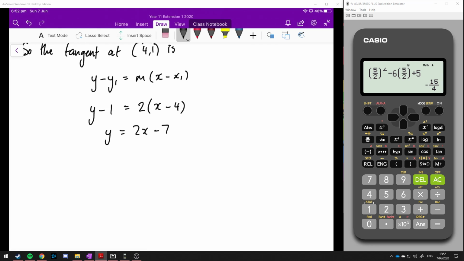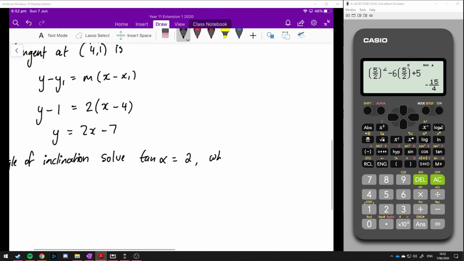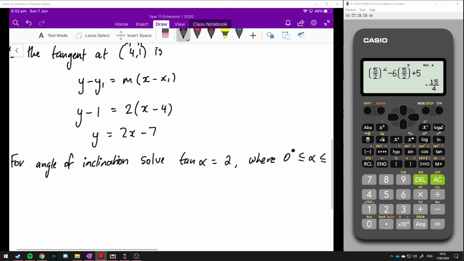Now for the angle of inclination, what we're going to do is solve tan alpha is equal to, and in this case it's going to be our gradient, which is 2. And remembering that alpha is between 0 degrees and 180 degrees, because it's always going to be between the x-axis and the line on the right side of the x-axis.